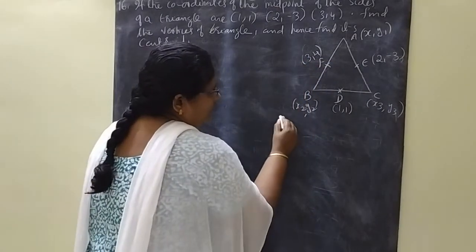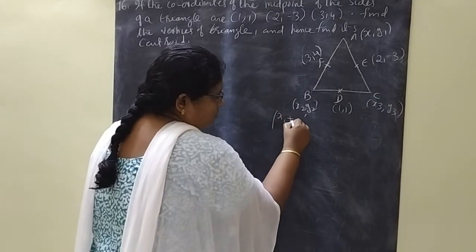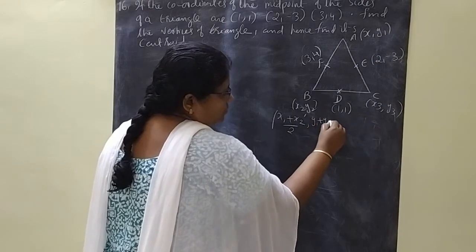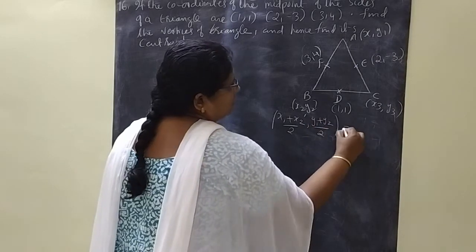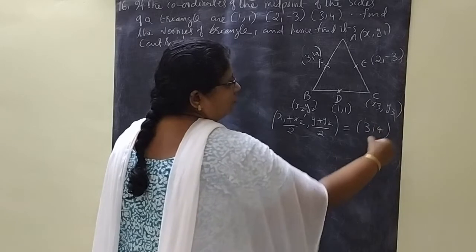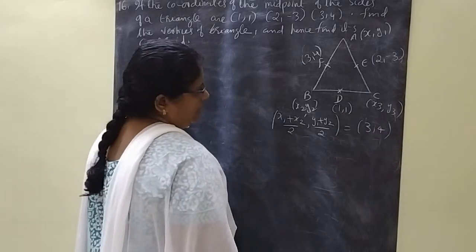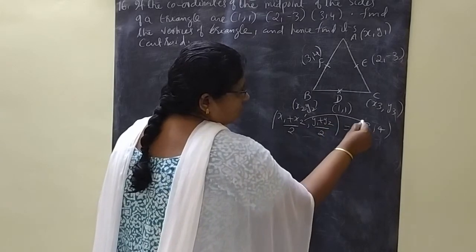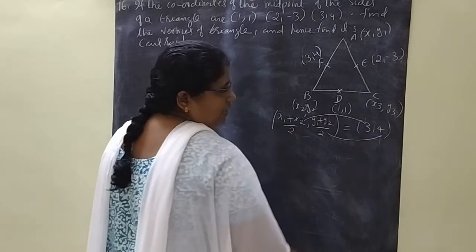How can we write it? (x1 plus x2) by 2, (y1 plus y2) by 2 is equal to (3, 4) by the midpoint formula. When two coordinates are equal, their x values are equal and y values are equal.